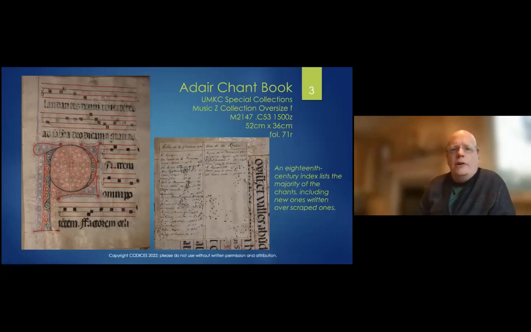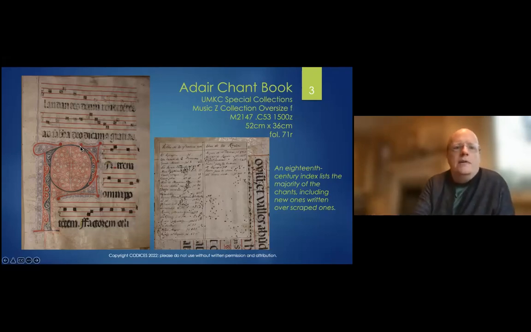The chant book is a book that is gathered together by hand, written by hand. This is before print, and it contains the music that a community of monks or nuns or a church would have used when they were in services. The book itself is big, 52 centimeters by 36 centimeters, so a pretty good sized book.